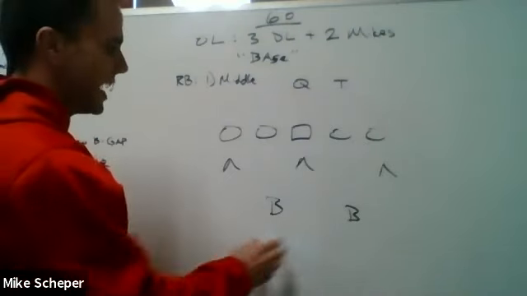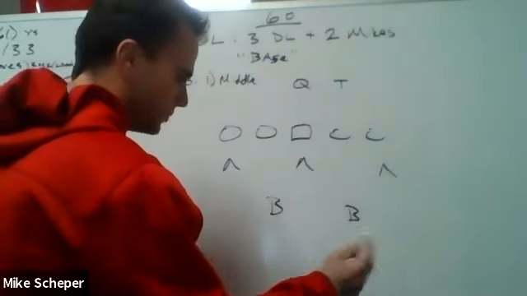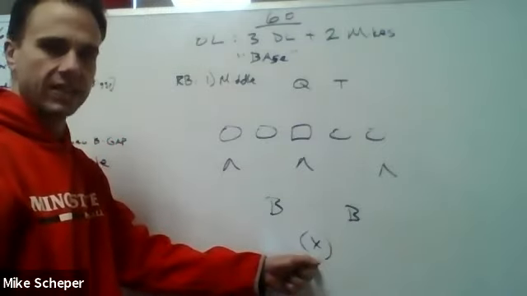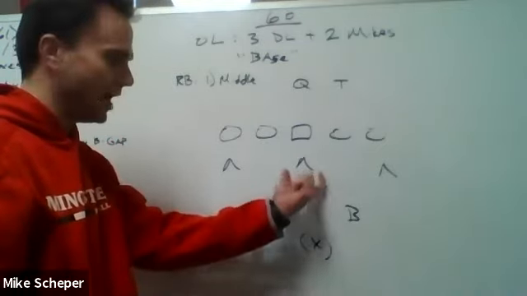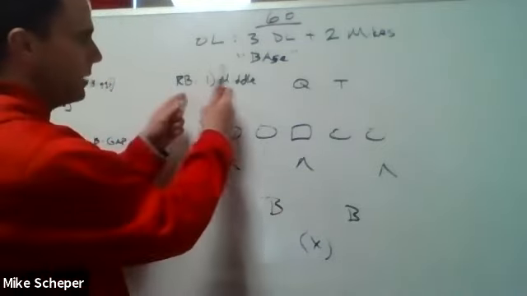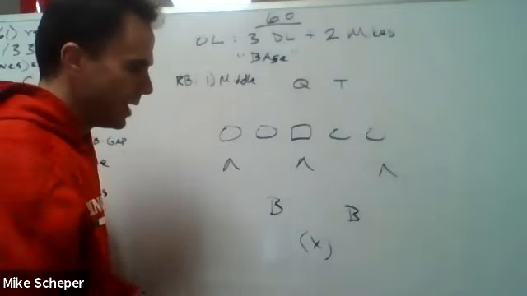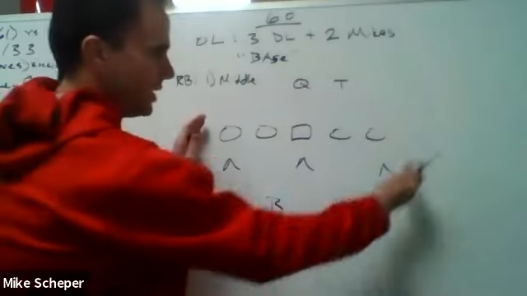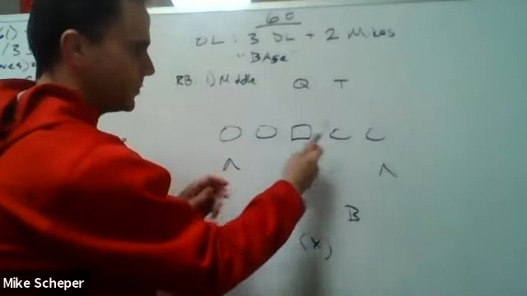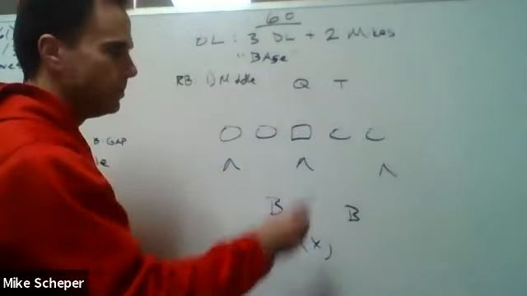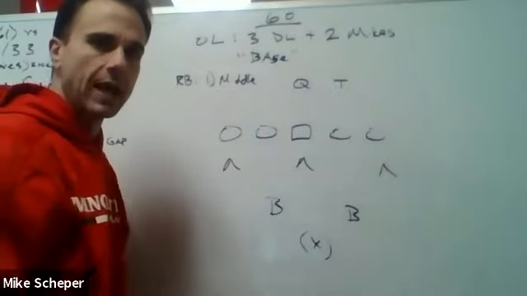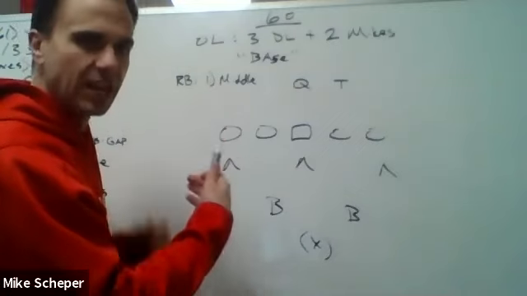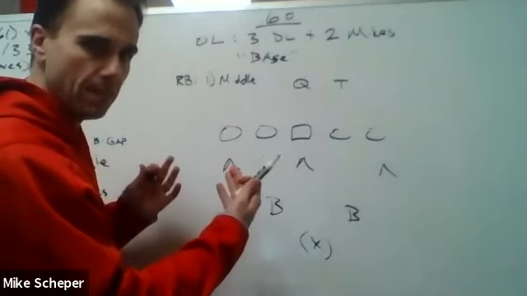The 6th character, so to train the concept, I'll put it in parentheses here. The 6th character who's not a part of that offensive line count becomes this man's first priority. And that player, wherever he occurs between the 2 C gaps, the 2 B gaps, or the 2 A gaps, would be taken as the first priority by the tailback. So his first job is middle, meaning the character in the middle of the box.